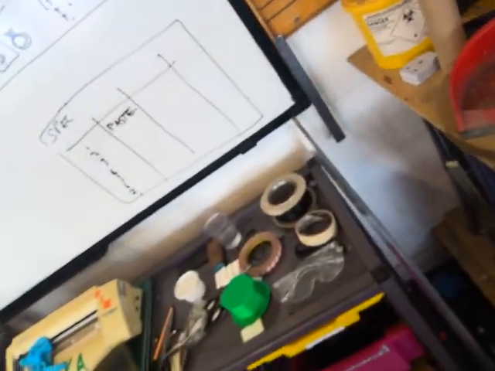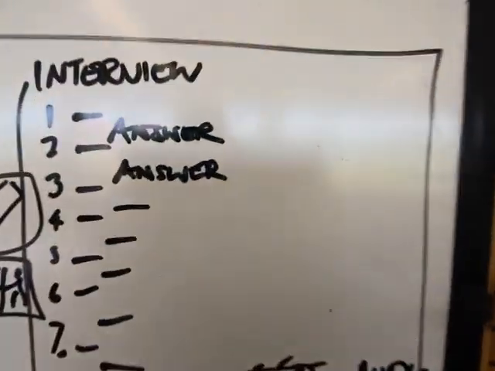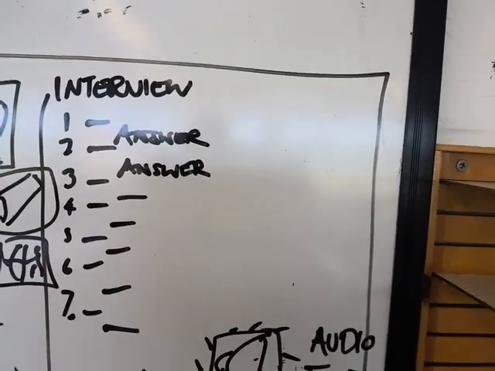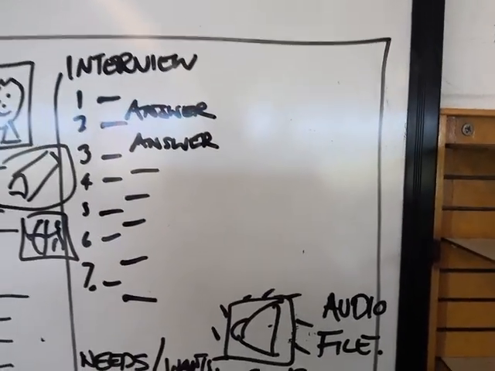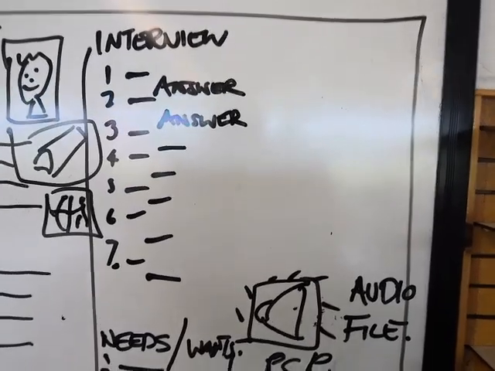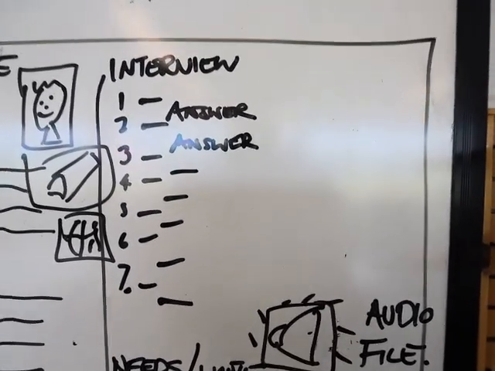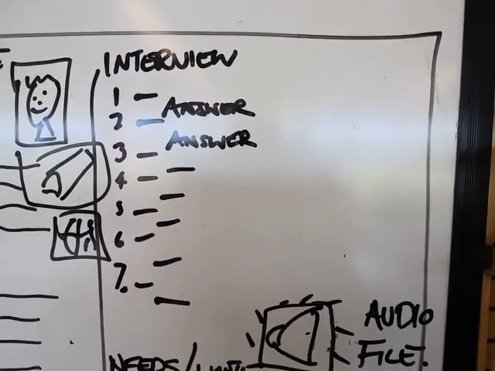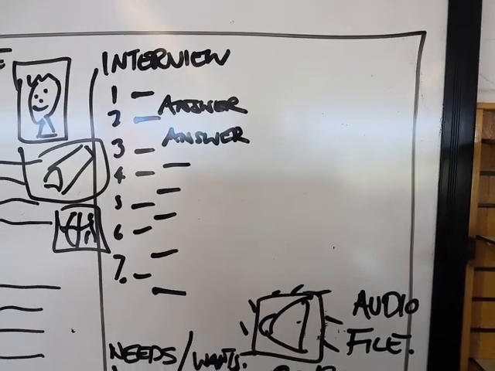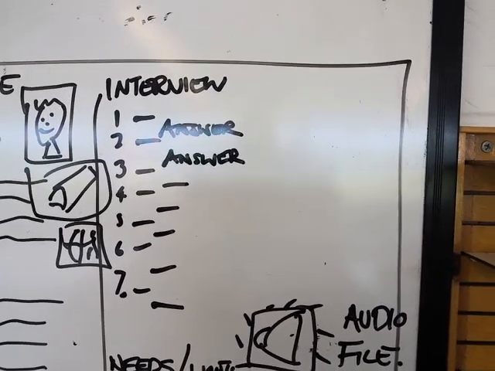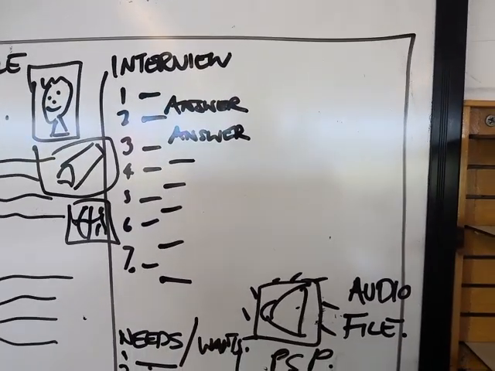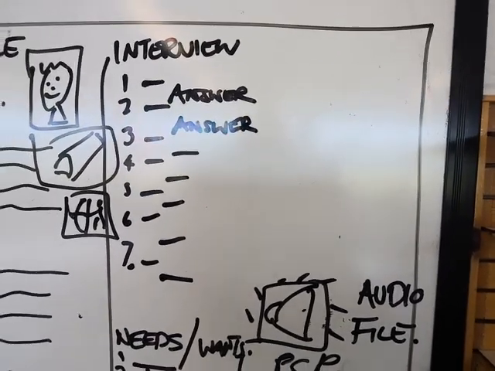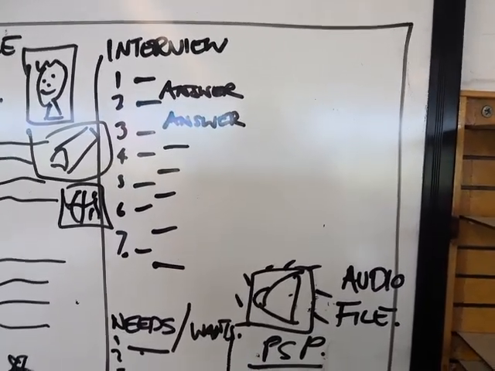Let's move on to the second part of the homework, which is the interview. You've got to think about 7 different questions for your mum. These are questions which are going to help you design, and also think about how those questions are going to help you compile good research which is going to inform your later specification.